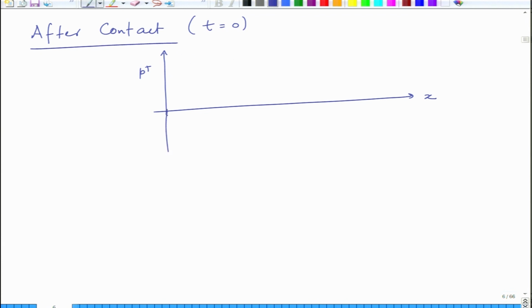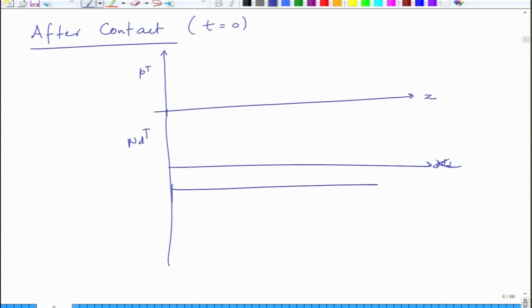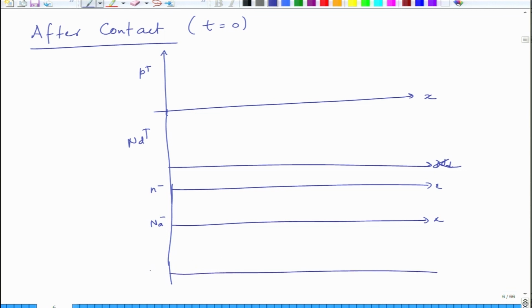So I am going to plot P plus, I am going to plot ND plus, then I am going to plot Na. So, this is going to be N minus, this is going to be Na minus, and then I plot rho.